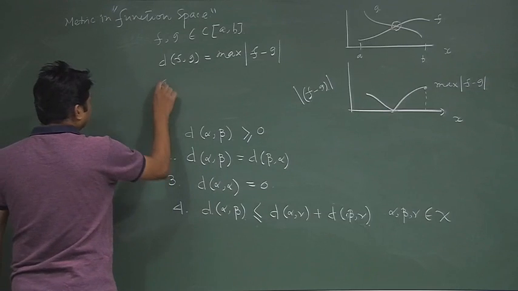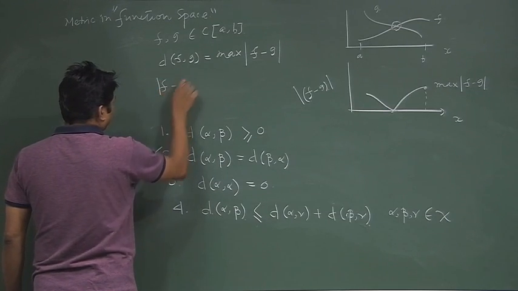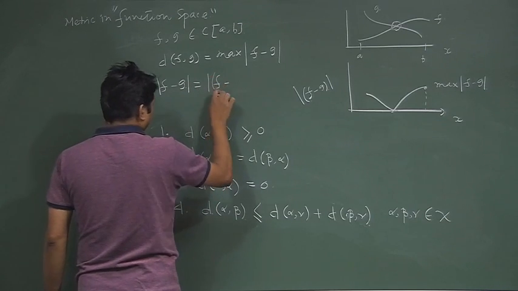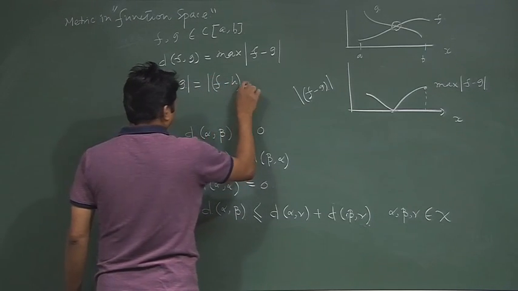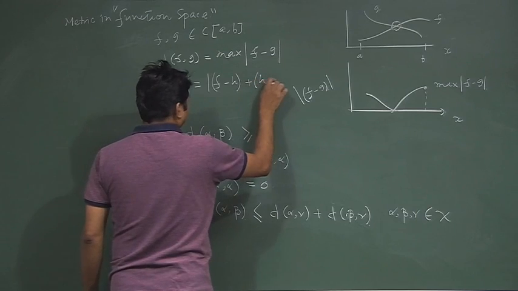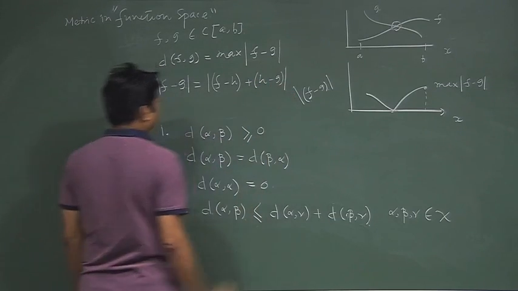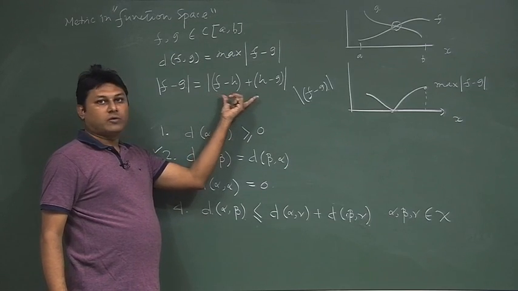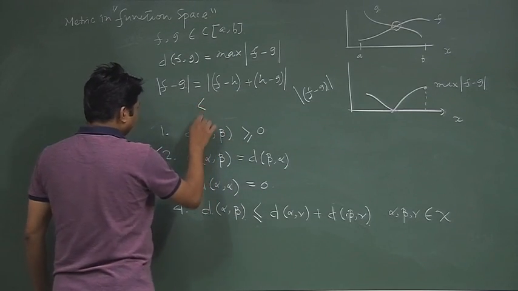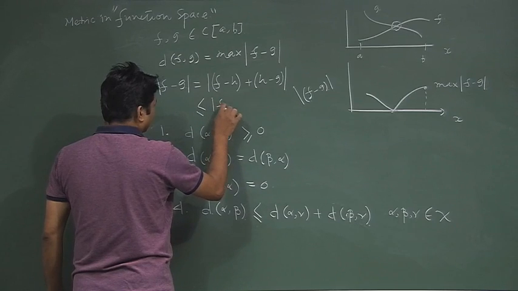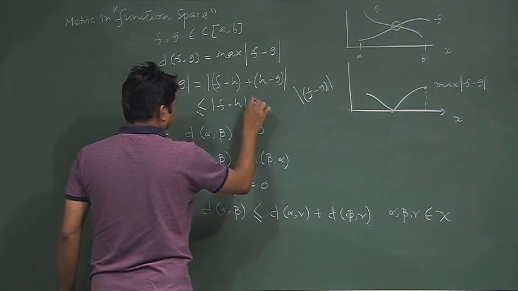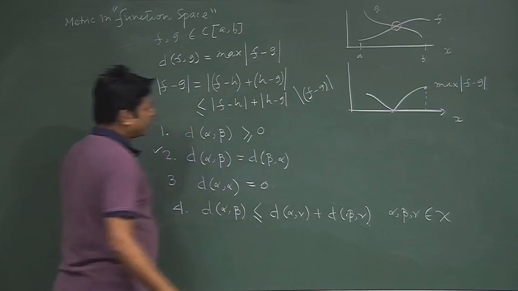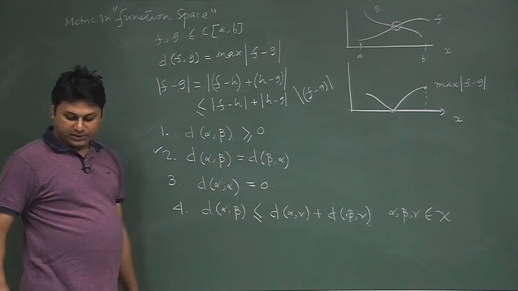So, mod of f minus g, I write it as f minus h plus h minus g, right. So, mod of a plus b should be less than or equal to this quantity. I can write from here to here.